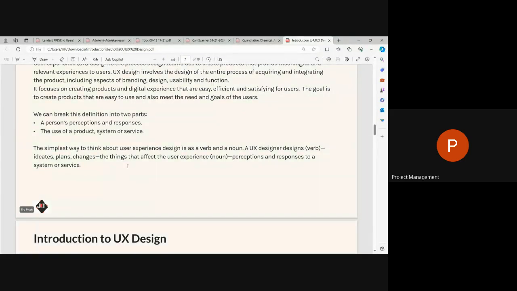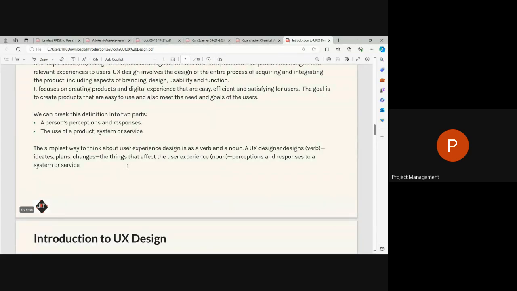The other part is that when you are creating those solutions, you have to make sure that they affect the user experience, and it has to be positive. Whatever you are researching, whatever solution you are coming up with, you have to make sure it is affecting the user experience positively.